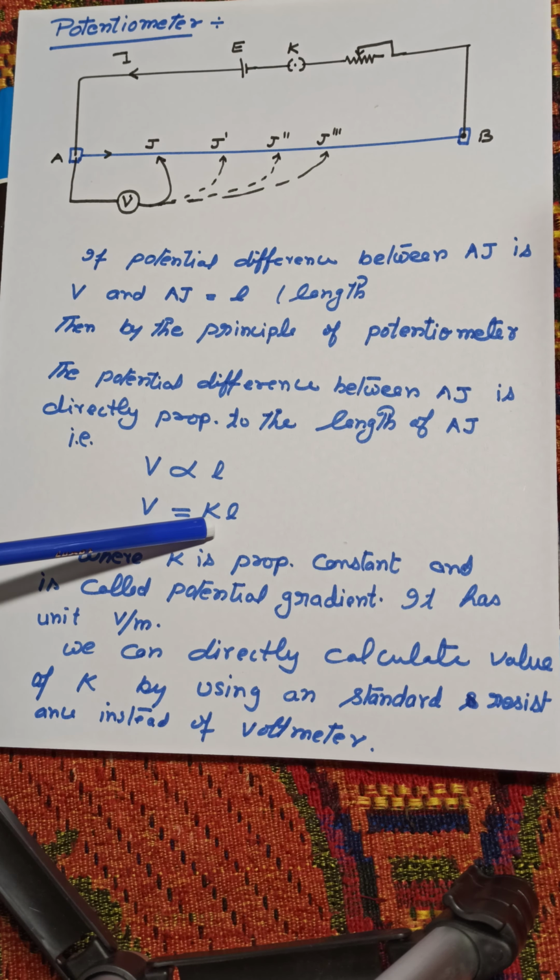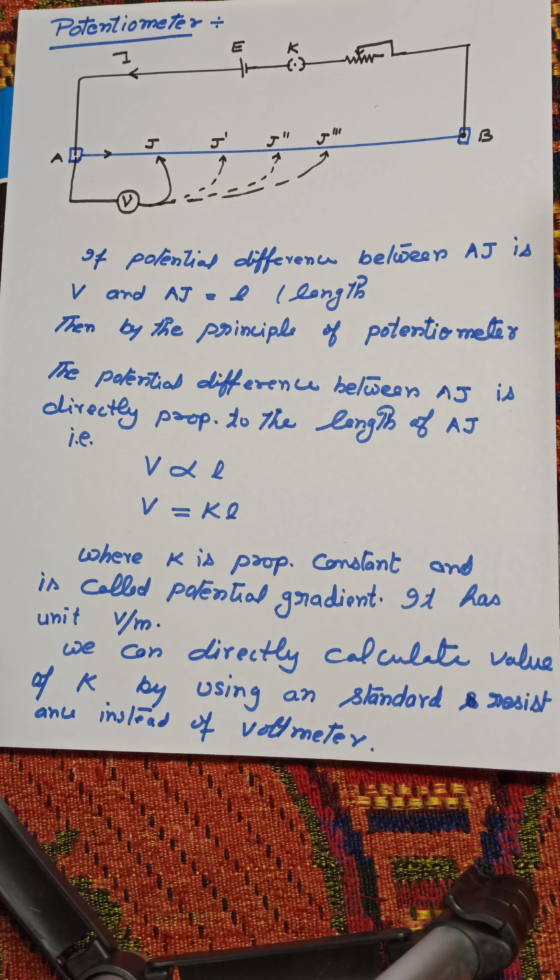We can directly calculate the value of K by using a standard cell instead of a voltmeter. One of the standard cells is the Western cadmium cell, whose EMF is 1.0184 volt.